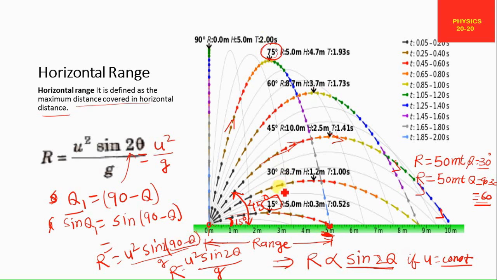The 15 degree and 75 degree projections will have the same range. Similarly, the 30 degree and 60 degree projections have the same range. These are complementary angles. So complementary angle projections will have the same range.